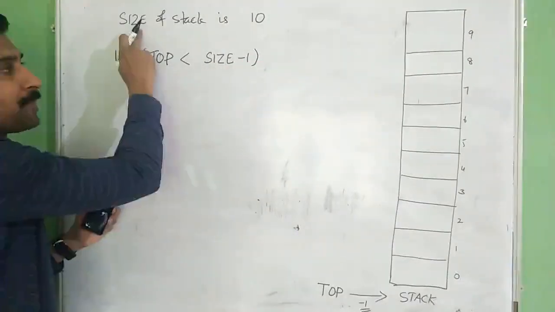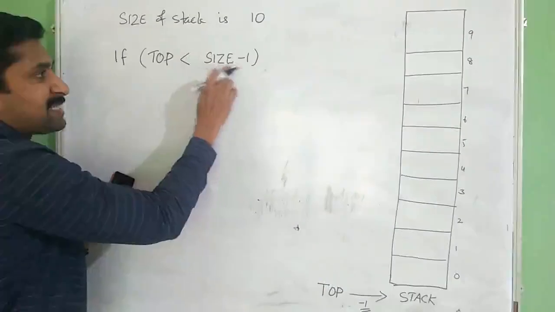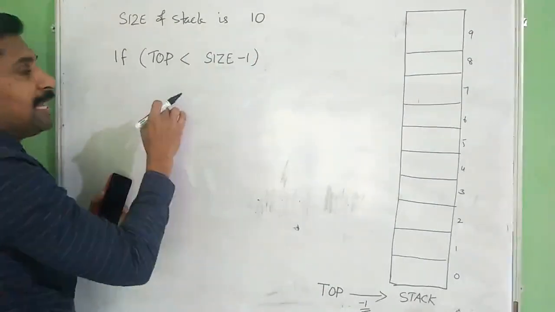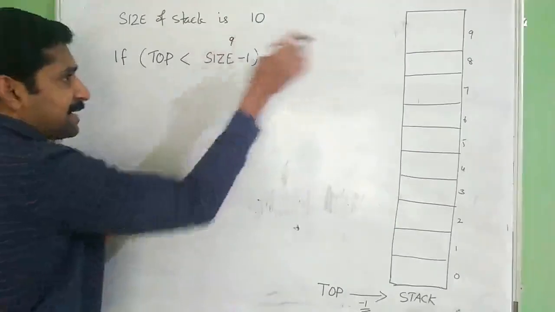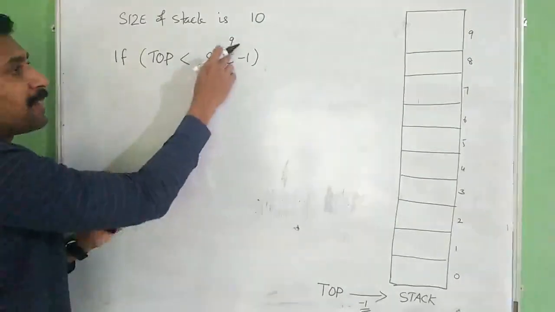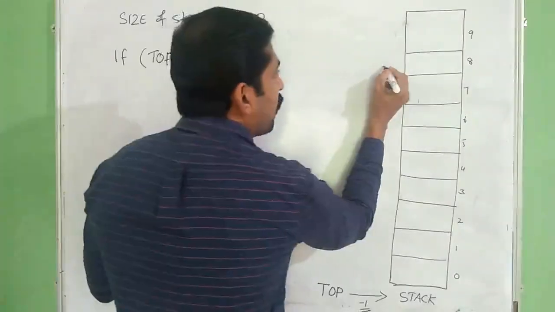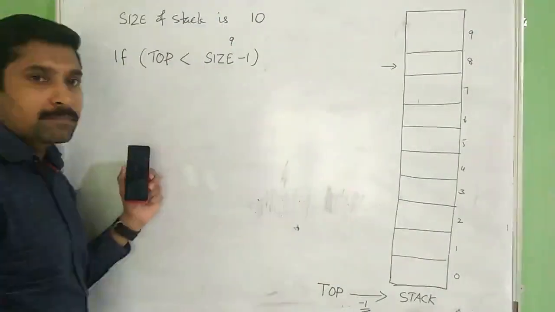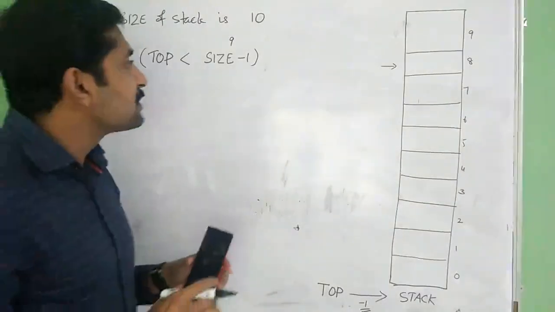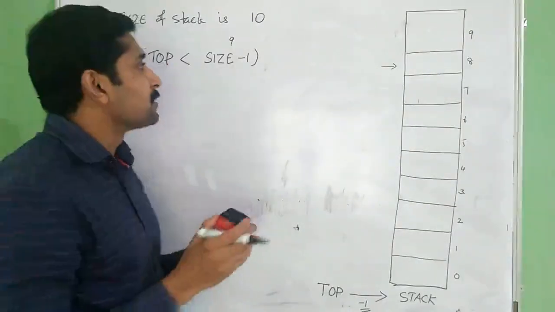What is size here? Size is 10. What is size - 1? Size - 1 is 9. In this case, if top is less than 9, that is, if top is here, we can add items, which means there is space in the stack to occupy an item.